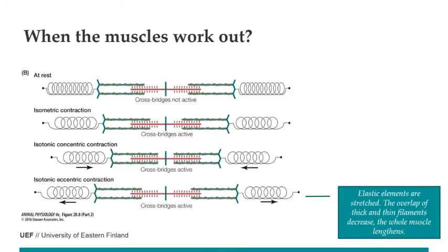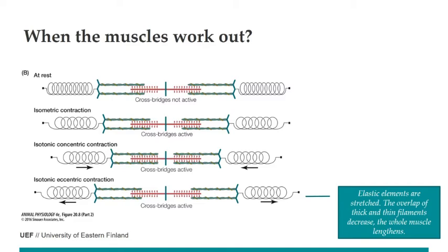And when we are pulling the muscle in opposite directions, first these elastic elements are stretched. This then causes the overlap of thick and thin filaments to decrease step by step, causing the whole muscle to slowly get longer. So again, these cross bridges are active.